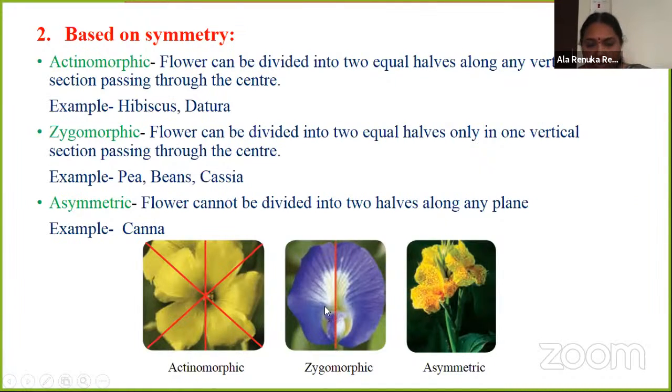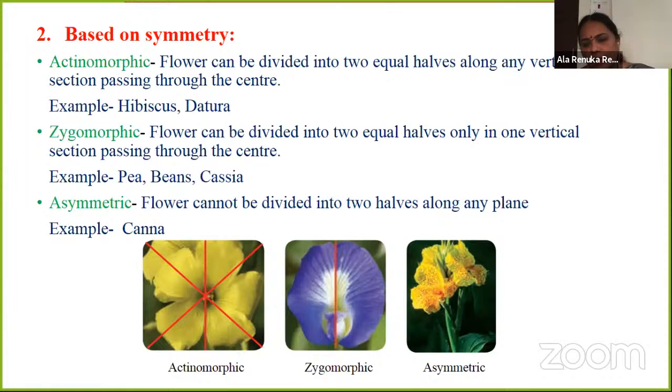Such a flower is called a zygomorphic flower. Examples are pea, beans, and cassia. We can see the flowers are curved very clearly. We can divide into only one plane. These flowers are called zygomorphic flowers.